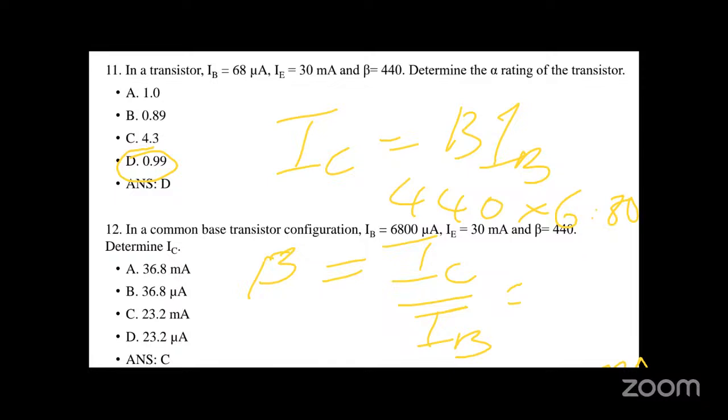Okay, so instead of 6.8, let me convert it to ampere.